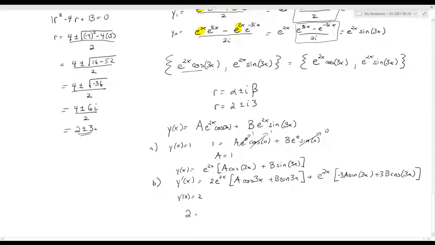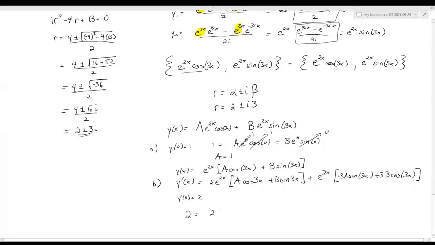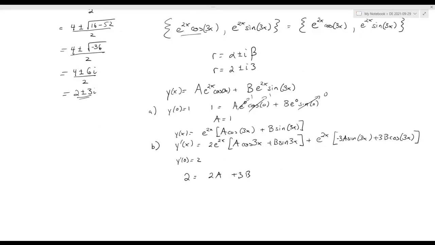So with x equal to 0, you're left with 2a plus 3b equals 2. That works: if a is 1, then b must be 0. So here's our solution to the initial value problem: a is equal to 1 times y1, and b is 0, so that term is not there.